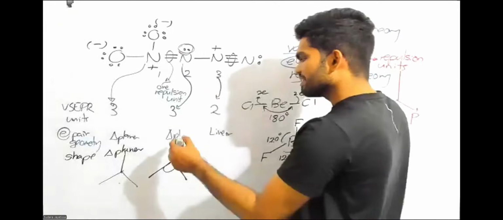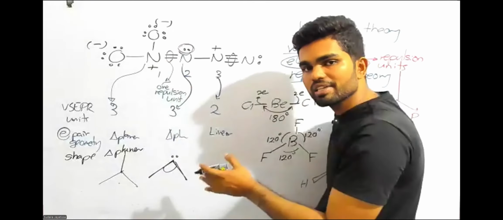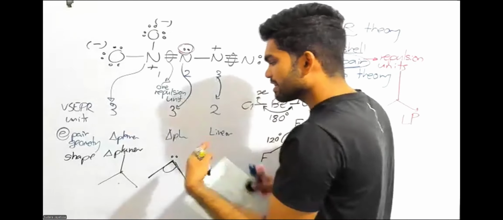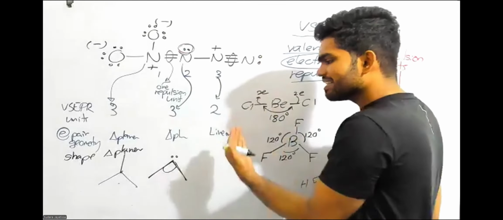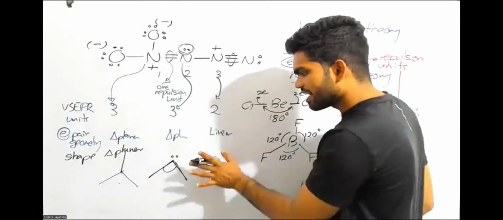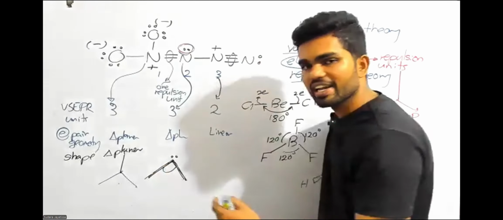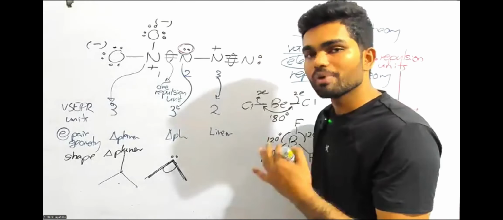But here, since you have one lone pair, it disappears from the shape. It has an effect on the shape, which is why this became trigonal planar in the first place. But when we decide the shape, the lone pair is not considered. We consider only the bonds. It is like taking an X-ray: you only see the bonds.